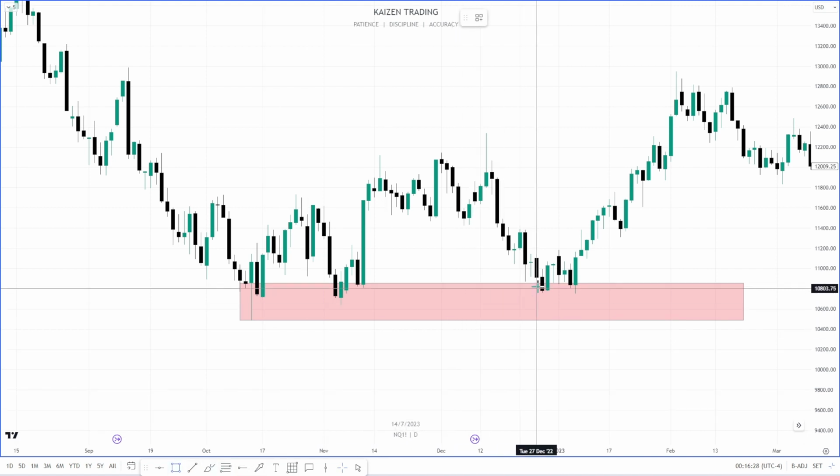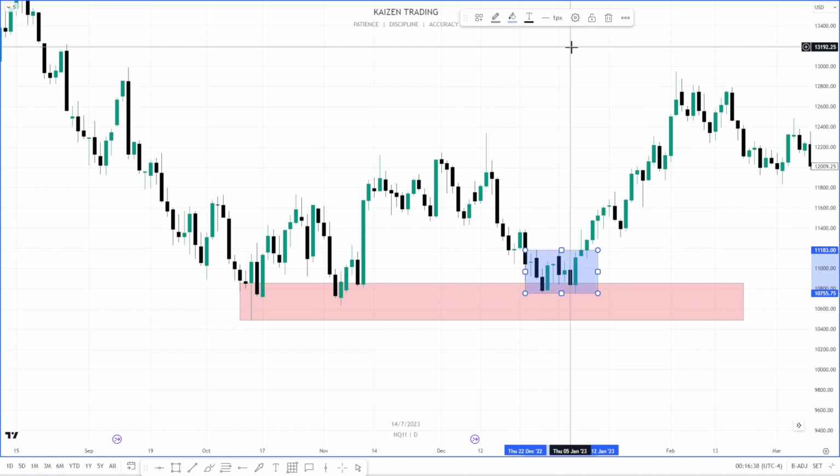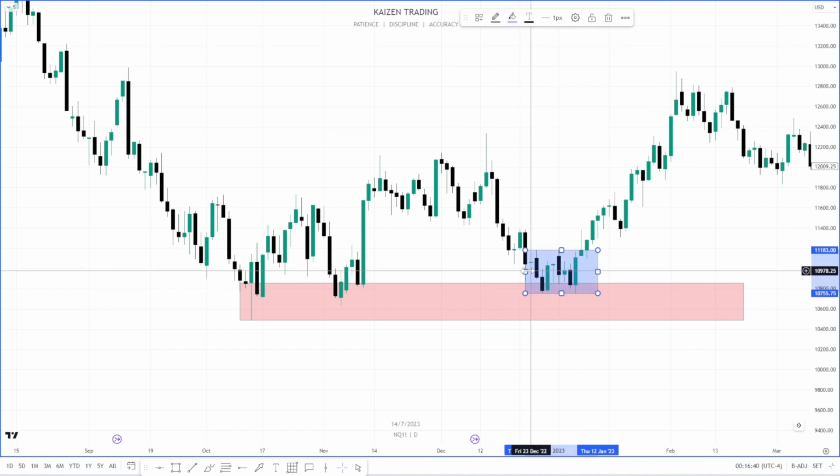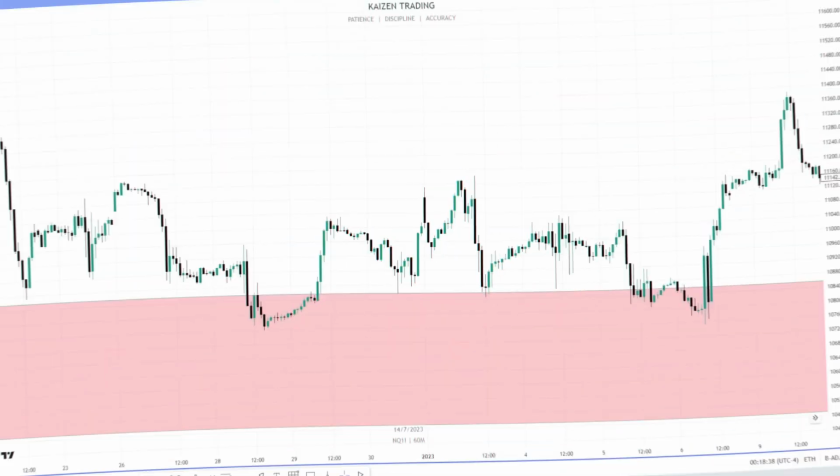We can come over here and highlight this whole area, so we have a time period to work with. And then we'll give this another color. So we'll go blue. And this is going to cover Friday, December 23rd, all the way to Friday, January 6th. So we'll take a closer look at that area on the lower time frame.